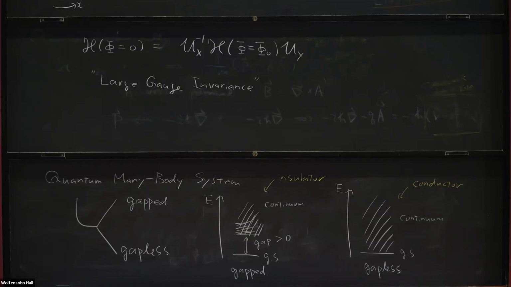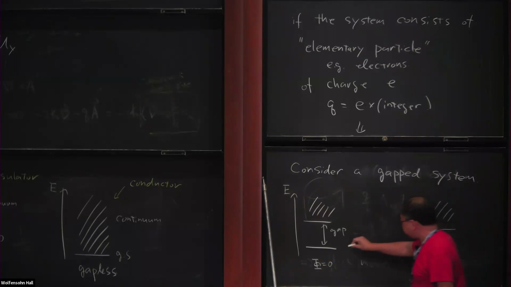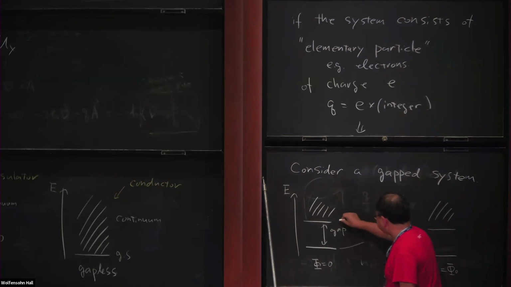Then as I emphasized, if you come to this unit flux quantum, then the spectrum should be identical to the original phi equals 0. But for intermediate values of phi, the ground state energy will change, and also the excited state energy will change.